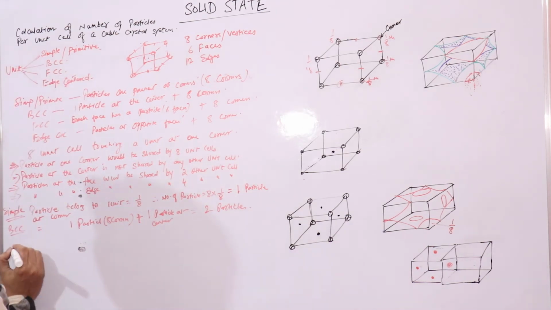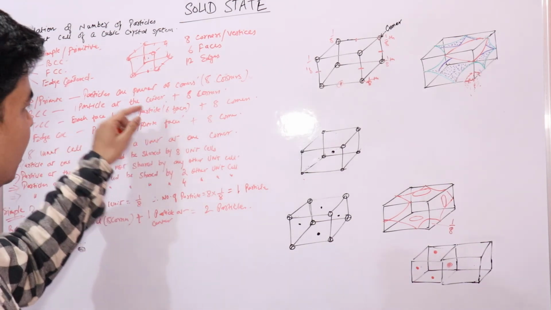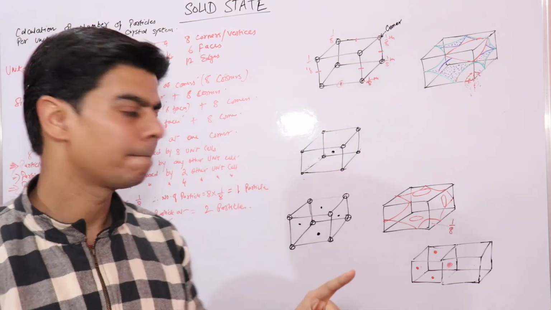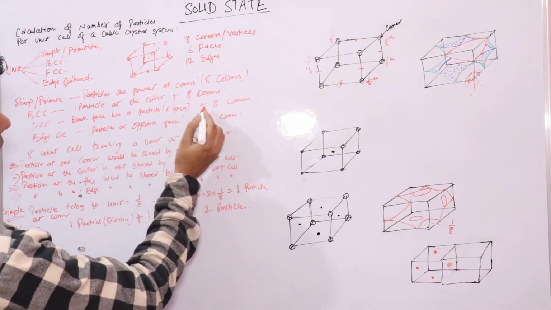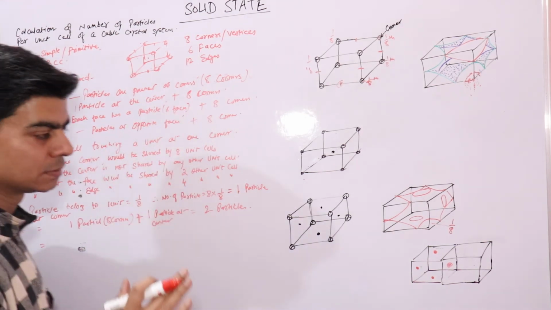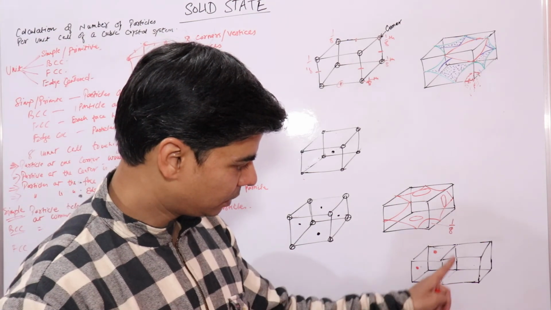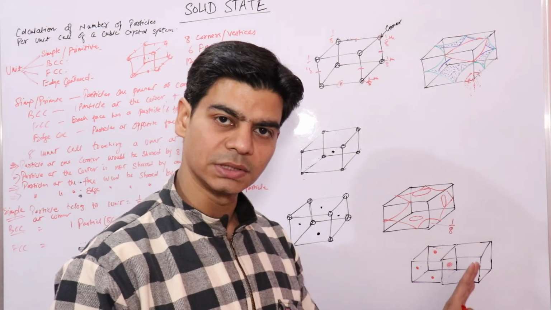Similarly, if we talk about FCC, we said that at each face we have 1 particle. So we have 6 faces, and the particle at each face, like I explained here, is shared by 2 unit cells.